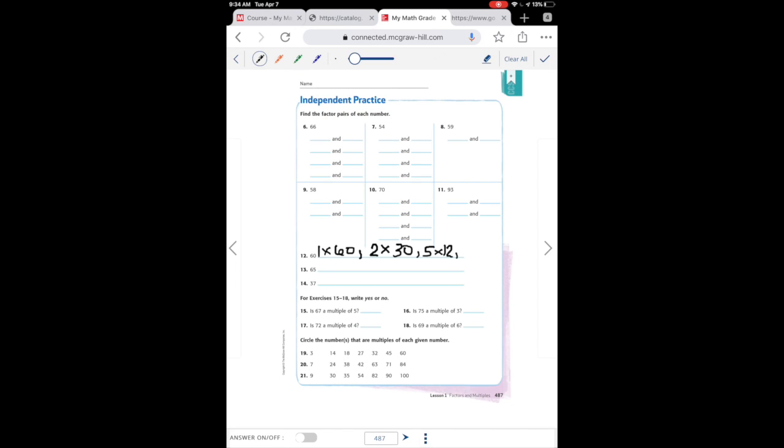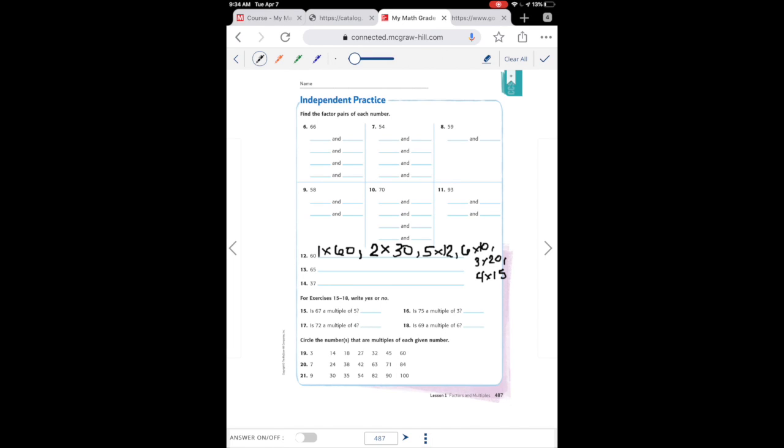Since it ends in a 0, I also did skip counting by 10, so I got 6 and 10. And then there were a couple other ones that worked too. 3 and 20 and 4 and 15. Those ones I just had to divide and see what other numbers would go into 60.